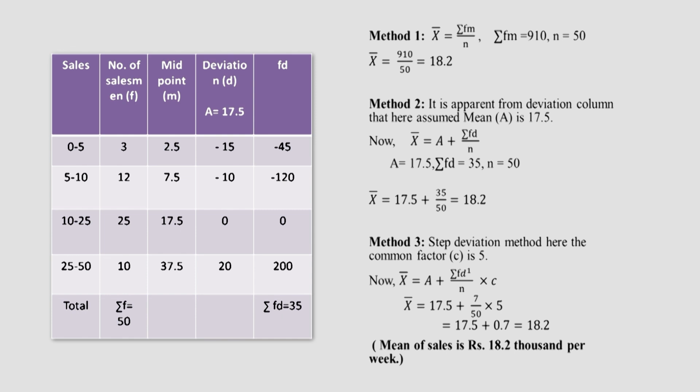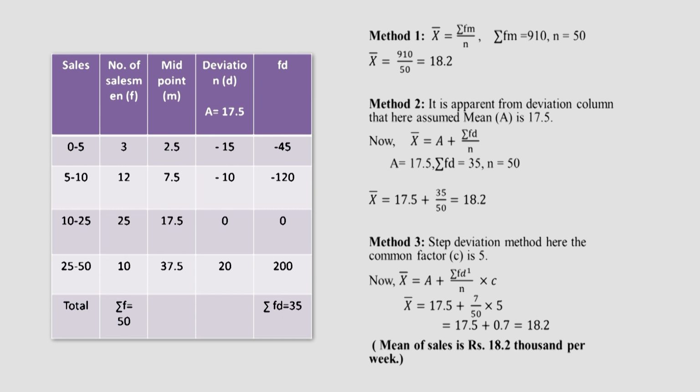You have calculated the mid values 2.5, 7.5, 17.5 and 37.5. Now you have to find out the deviation of these mid values from the assumed mean. So mid value minus assumed mean, in the first instance, would be 2.5 minus 17.5, and the answer is minus 15.